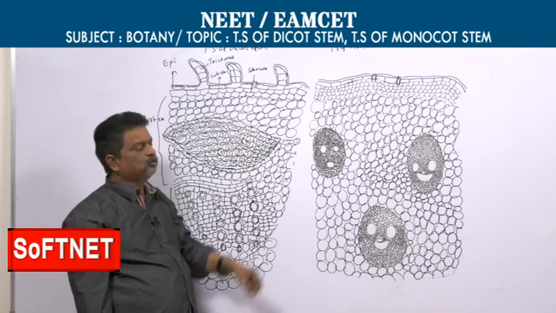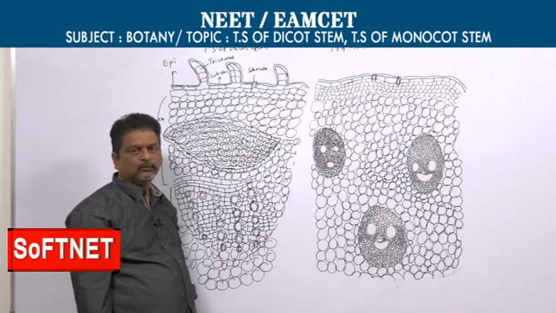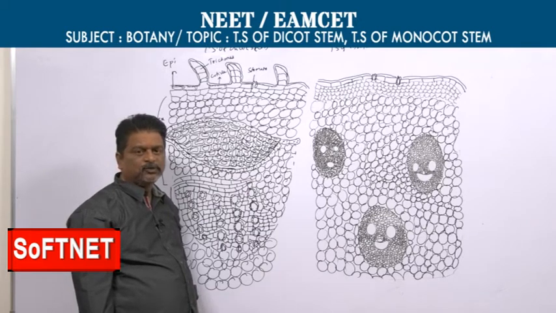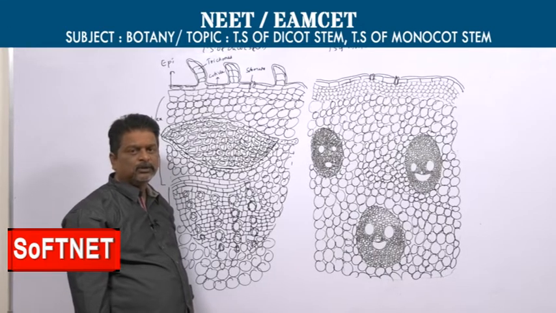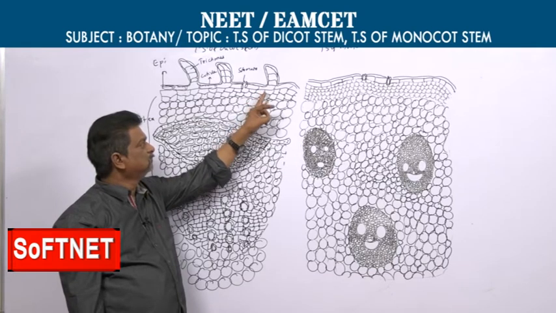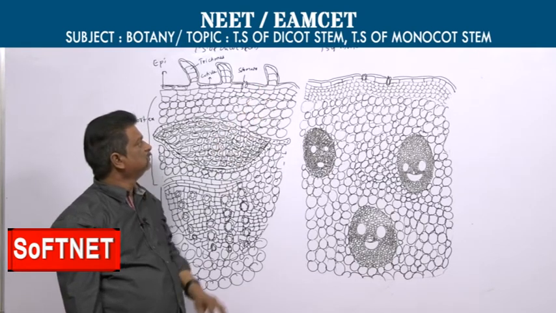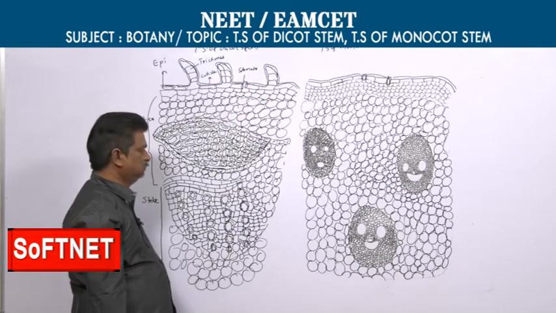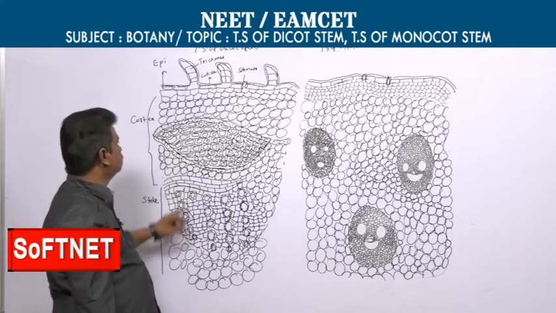Then function of trichomes: these trichomes also reduce the transpiration rate. Trichomes also prevent the entry of pathogens. This is about epidermis. The next one is cortex.